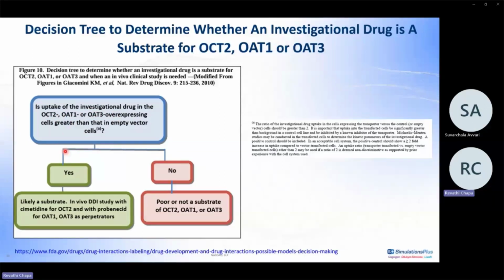If the value is greater than 2, then we do recommend a clinical DDI study with cimetidine for OCT2, for example, and probenecid for OAT1 and 3 as perpetrators. That helps you understand how much OCT2 or OAT1 or 3 is playing a role in the renal clearance mechanism. If not, then it's not a substrate for OCT2, OAT1 or OAT3.